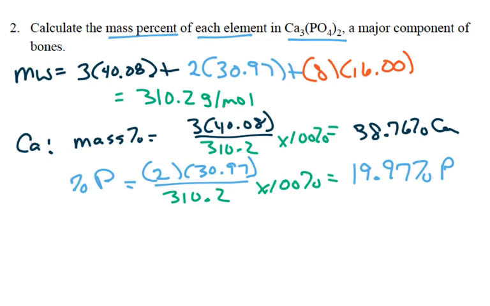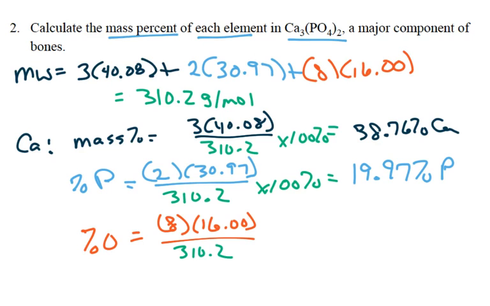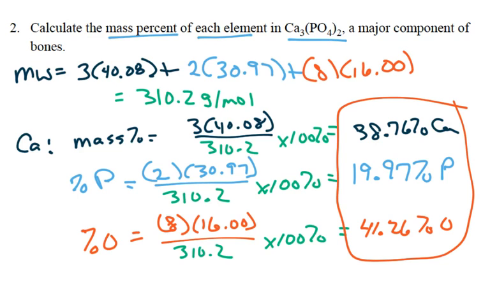And again, for oxygen, you could just subtract those two from 100, but 8 times 16 over 310.2 times 100% equals 41.26% O. So there's our answer for that problem.